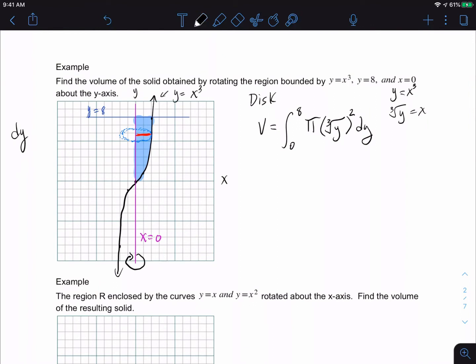Okay. So then from here, when I go to integrate this, what I always try to do is make it in terms of powers. So I'm going to go from 0 to 8. I'm going to bring the pi out front because it doesn't have y in it. And I'm going to have y to the 2/3 dy.